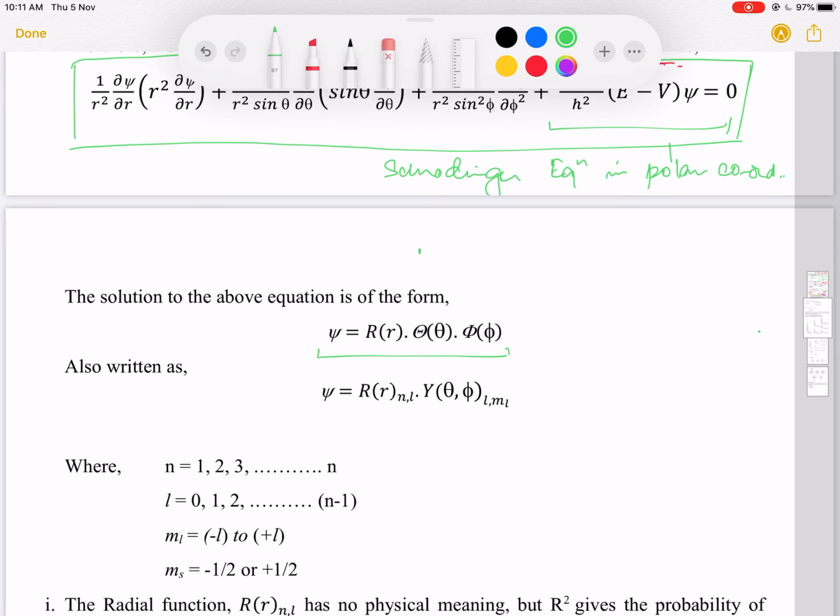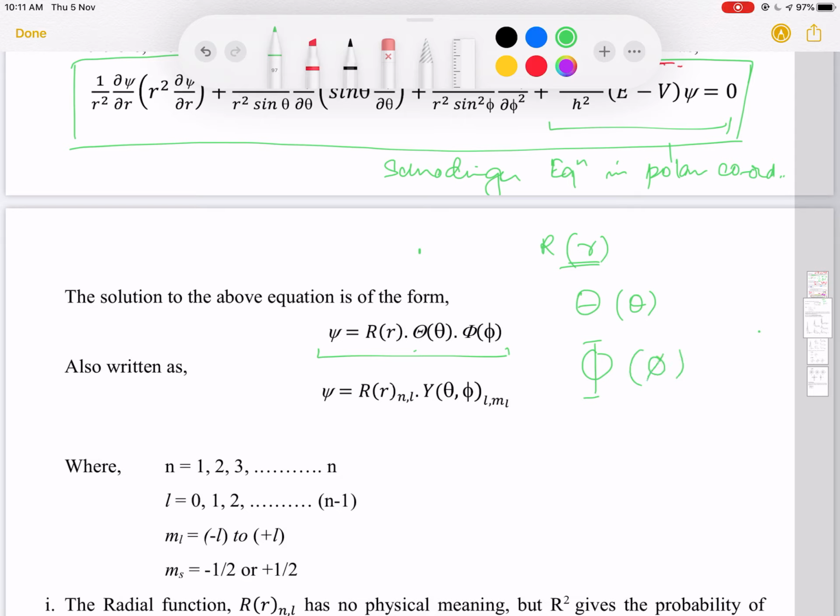See, we have three parts now. In the polar coordinates we have a radial part, a function of r, the radius, and we have two more parts: one is a function of theta, and one is a function of phi.